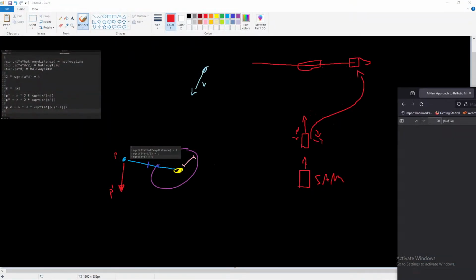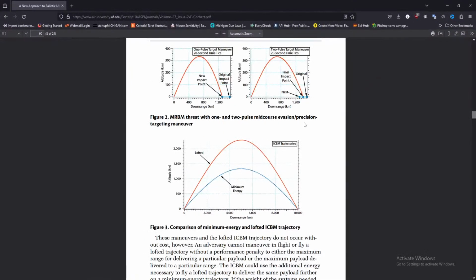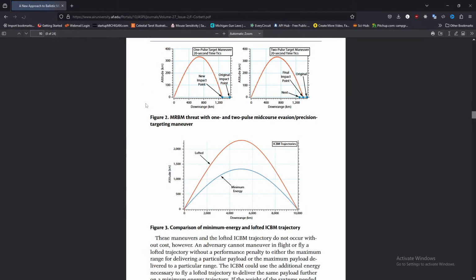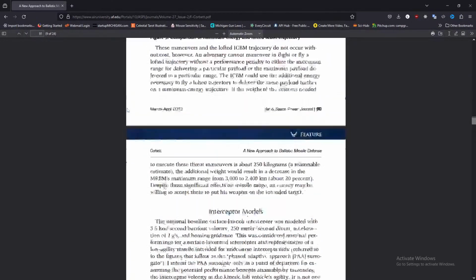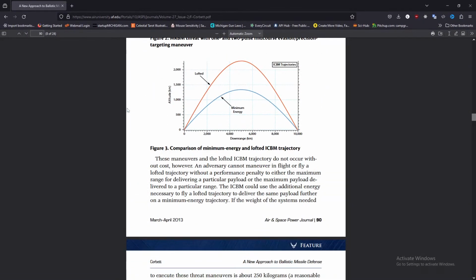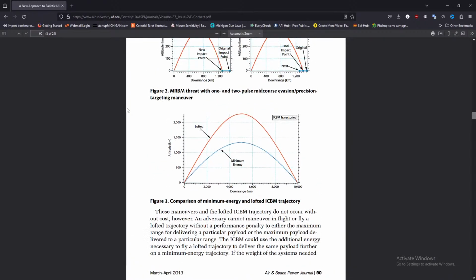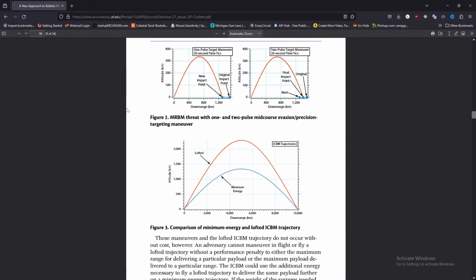Wrong one. So I found one document. Good, this is ICBM. Yeah, literally.